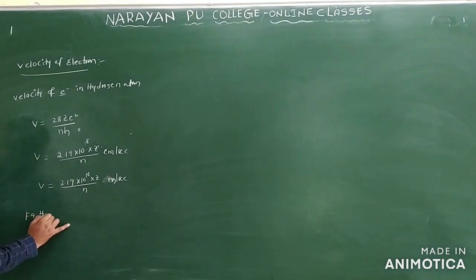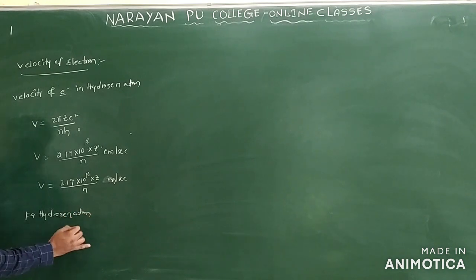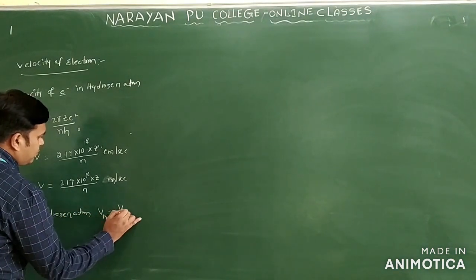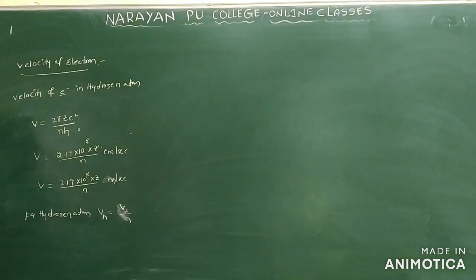So here we write the general formula for the hydrogen atom: Vn is equal to V1 by n, because Z is equal to 1 in this case. So what is Vn here?